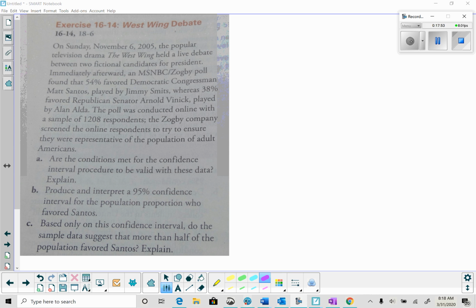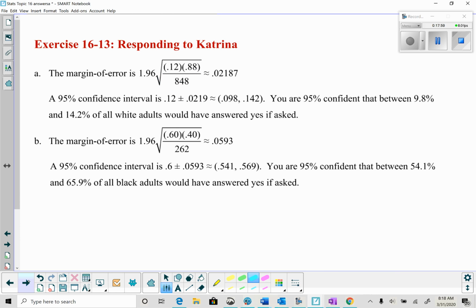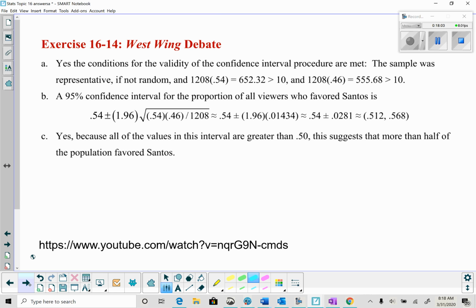Are the conditions met for the confidence interval procedure to be valid? Well, the sample, if they were successful, we could say is representative. So for something like this, on a quiz or a test, that's exactly what I would expect you to write.